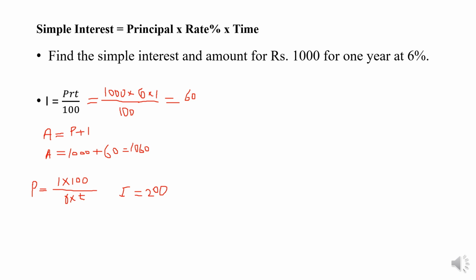The rate of interest is R and R is 8%. And the next is time, we can say T equals 2 years. So how do we find the principal amount?